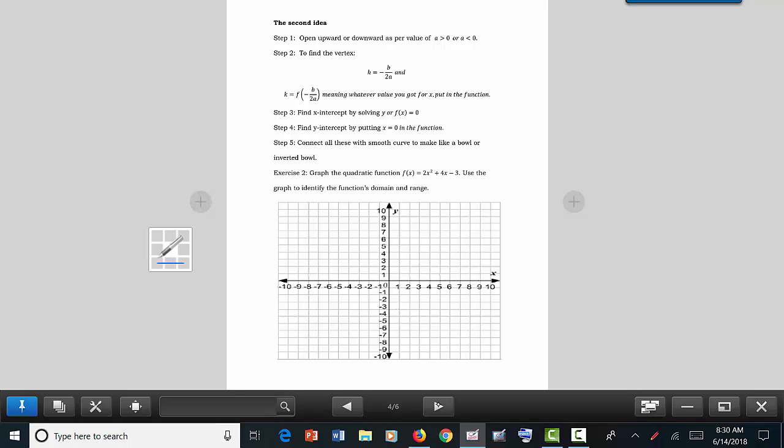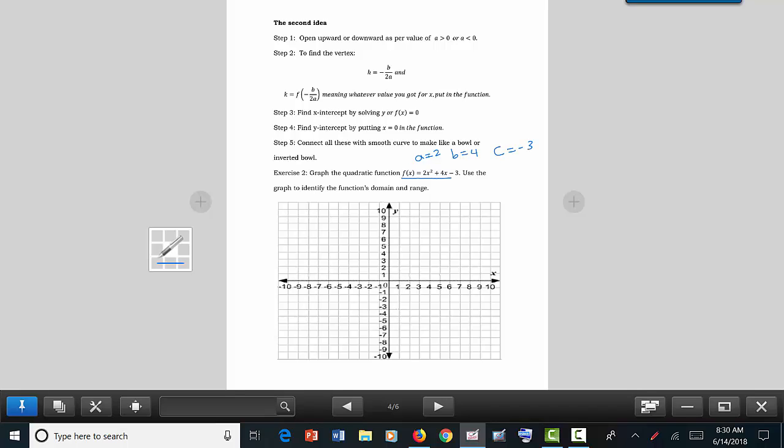Now exercise number 2. In the previous exercise we could see how much right shift and how much going up or down, but here we have to find the vertex. If the equation is given in this form, how to find the vertex? There is a formula. So a is 2, b is 4, and c is negative 3.